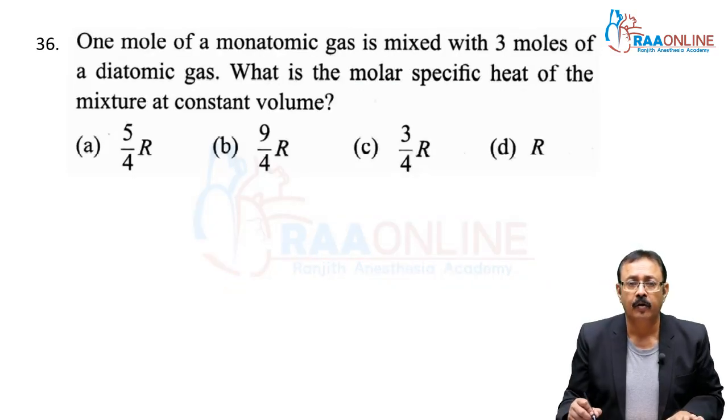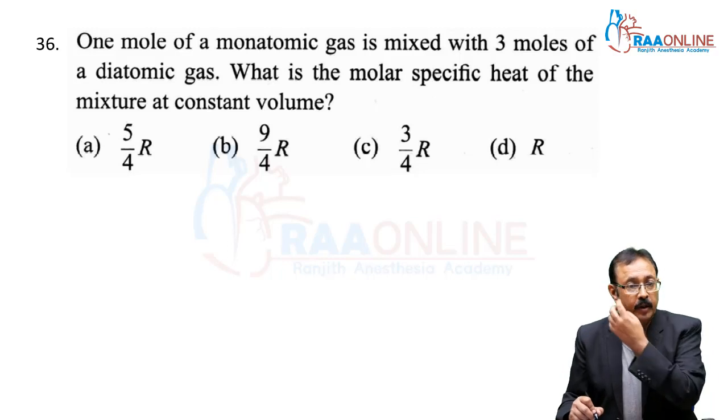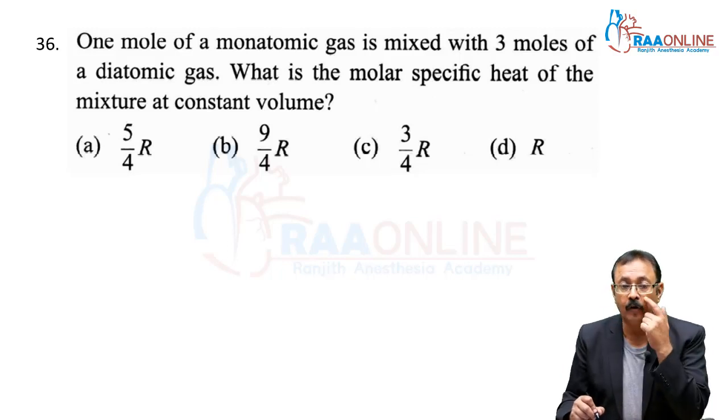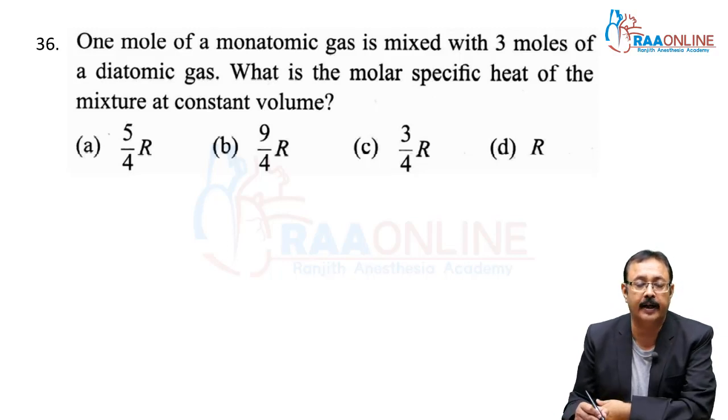Next, 1 mole of a monoatomic gas is mixed with 3 mole of diatomic gas. What is the molar specific heat of the mixture at constant volume? Again, we have 2 types of gases.